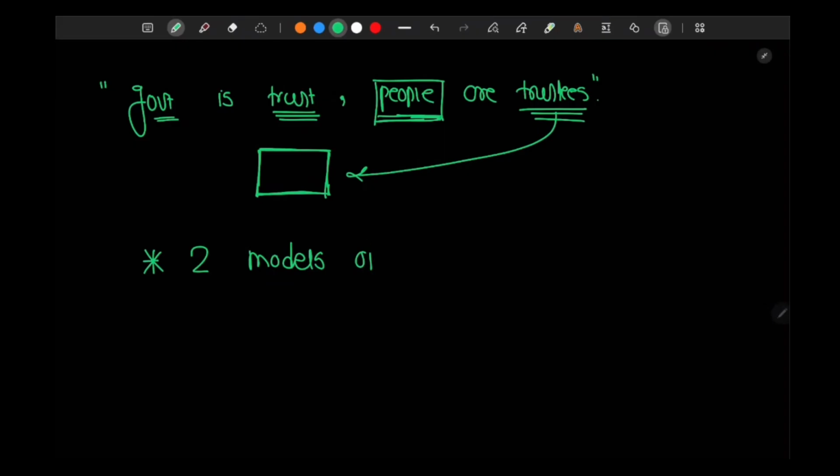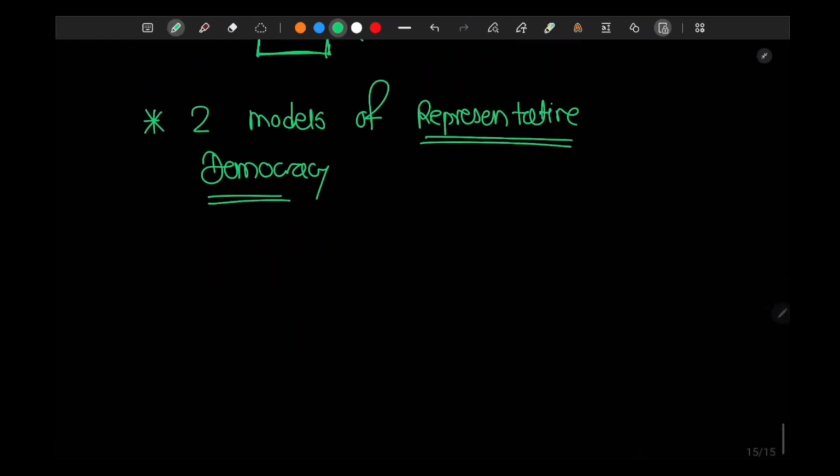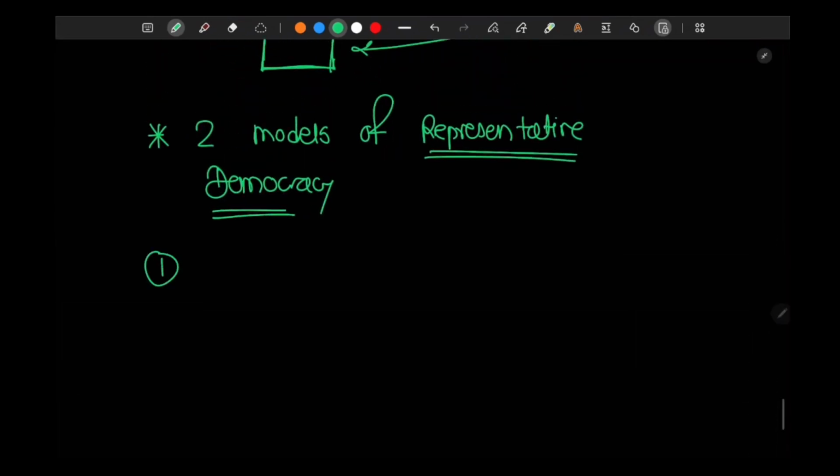Two models of representative democracy. What are the two models of representative democracy? The first model is the protective model.